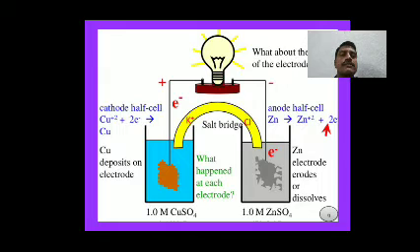A device which converts chemical energy into electrical energy by a spontaneous oxidation-reduction reaction is called a galvanic cell.